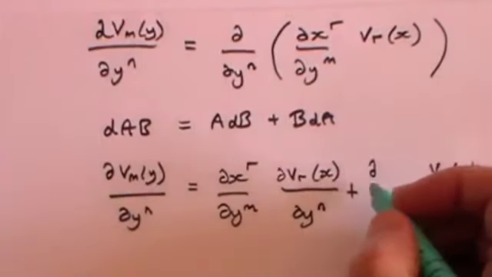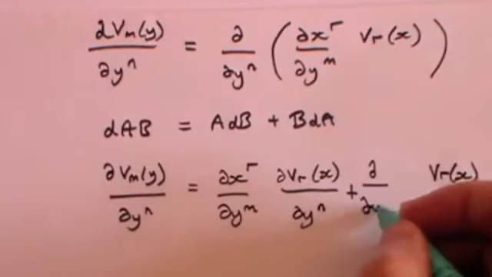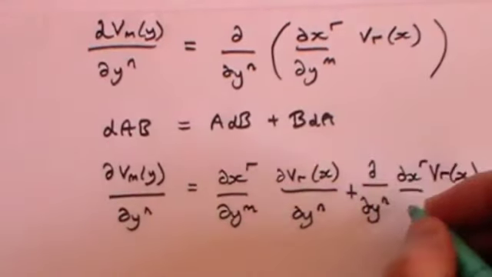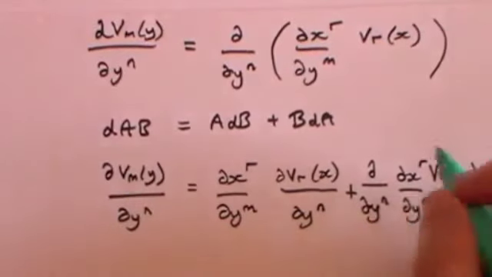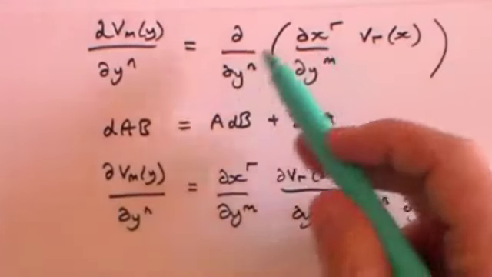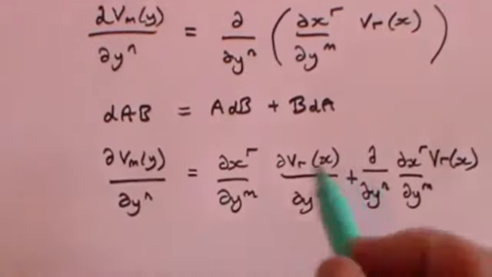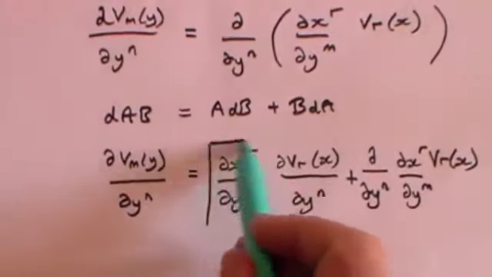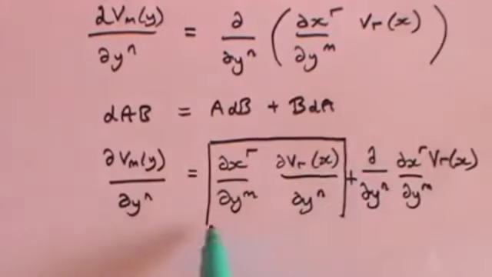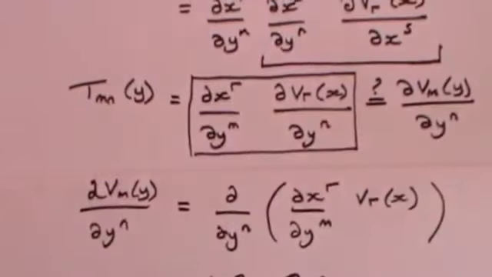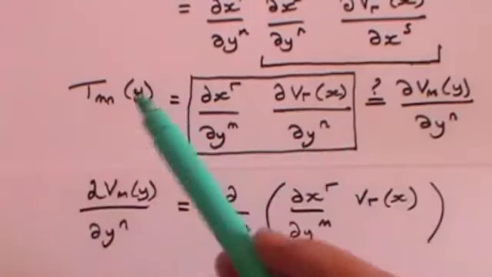So we've got d by dyn times dxr by dym. That's that combination there. Now, observe that this term here is equal to this term here.